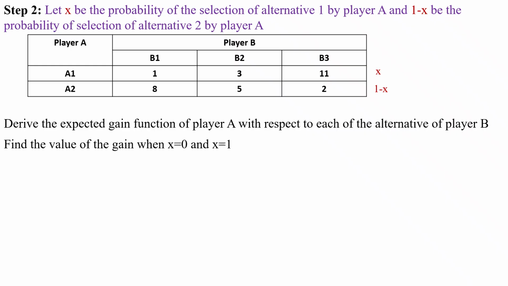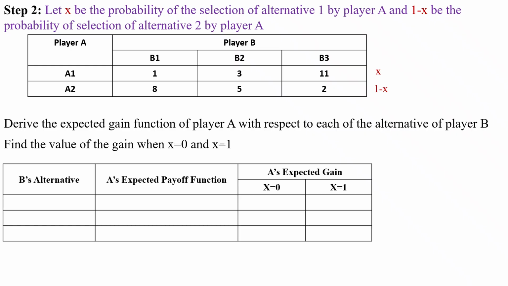Next, we derive the expected gain function of player A with respect to each of the alternatives of player B, and also determine the value of the gain when x equals 0 and when x equals 1. For this, draw a tabular column like this.